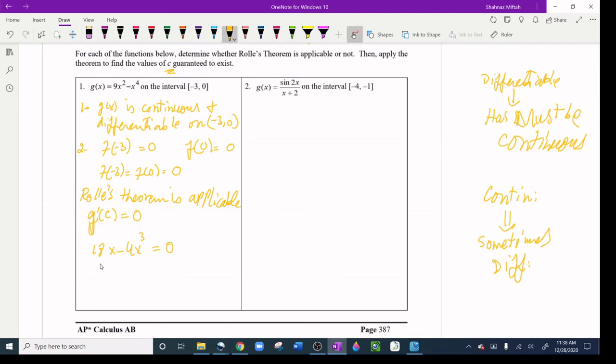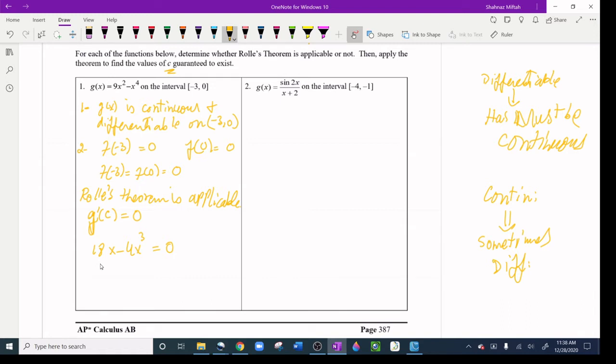You divide both sides by 2, so it's gonna give me c squared equals 9/2. If it's 9/2, we're gonna square root both sides, so it's gonna give me c equals plus or minus 3/√2, because 9 is a perfect square, so it's 3, but 2 is not, so I'm going to keep that in the square root. So I got positive and negative square root.